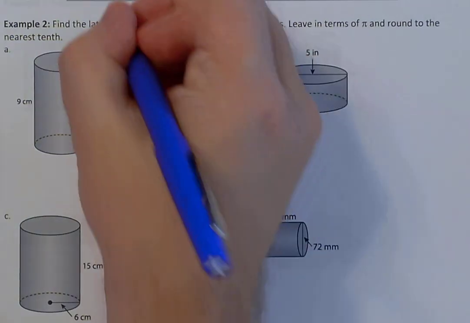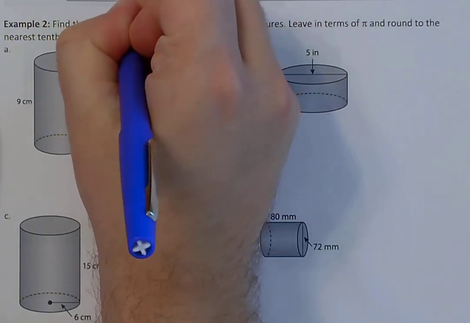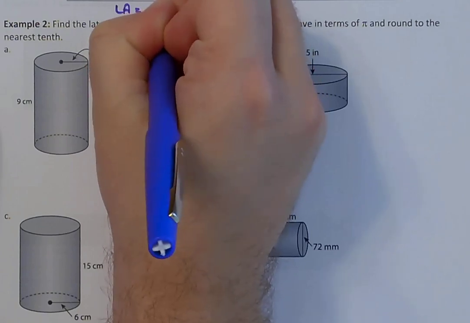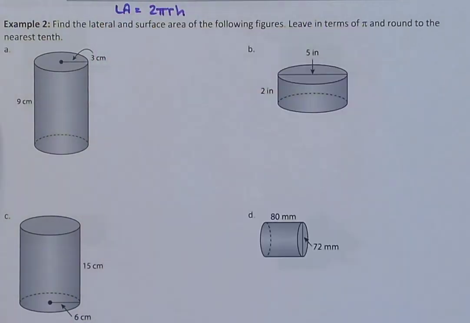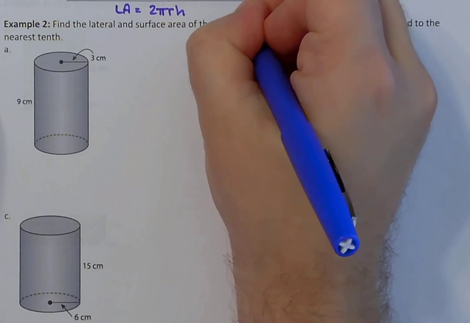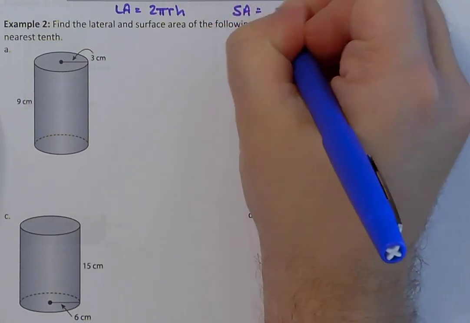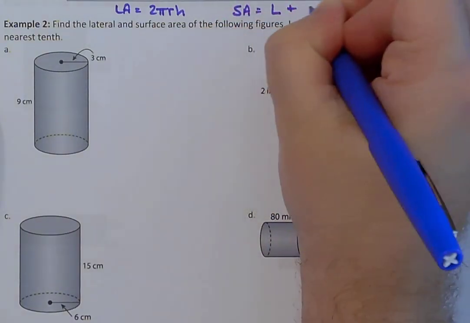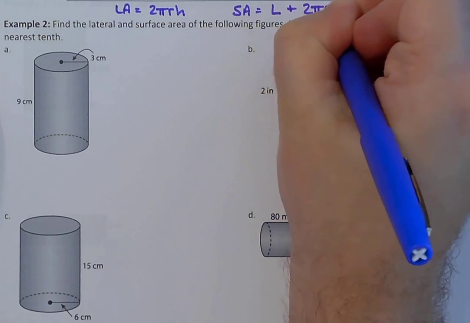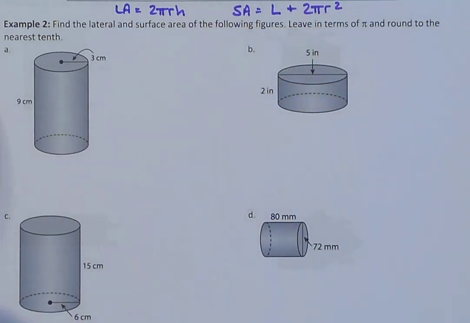And what I'm going to do is write that lateral area is equal to 2 pi r h, and surface area is equal to the lateral area plus 2 pi r squared. So that's the two formulas that we're going to use to figure out lateral and surface area of our cylinders.